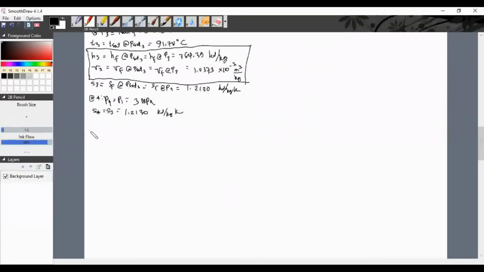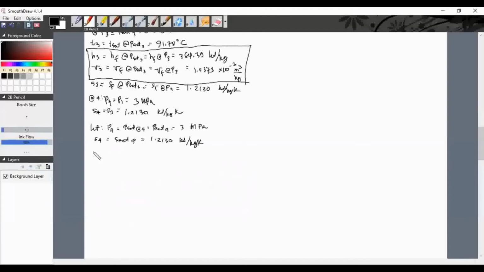So, let natin yung P4, that is PSAT at 0.4. Pero in reality, that is your P actual at 0.4. That is 3 megapascals. And then we have S4, that is your S actual at 0.4. So 1.2130 kilojoules per kilogram Kelvin. Okay?